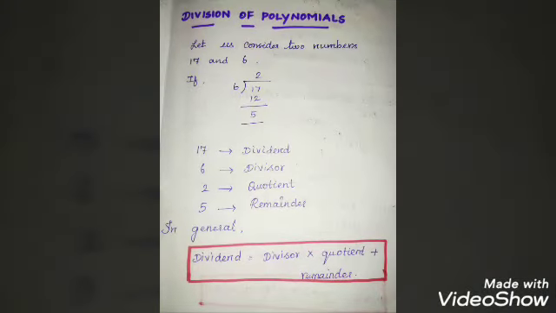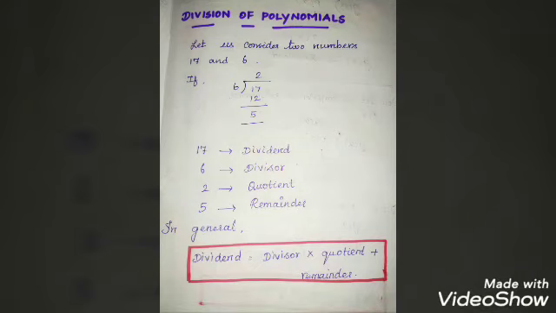Let us consider two numbers, 17 and 6. If we divide 17 by 6, we will get the quotient as 2 and the remainder as 5. Here 17 is the dividend, 6 is the divisor, 2 is the quotient and 5 is the remainder. These things we all know.